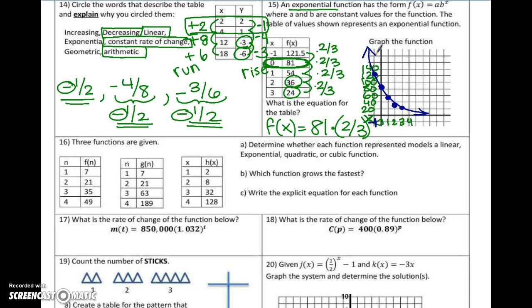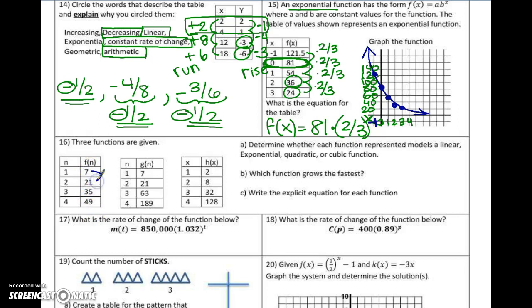All right, there are 3 functions given. Determine whether each function represents linear, exponential, quadratic, or cubic. Well, because we haven't talked about quadratic or cubic, they're probably going to be linear or exponential. So if I look here, notice that the x column goes by ones and the y column is what we need to figure out.